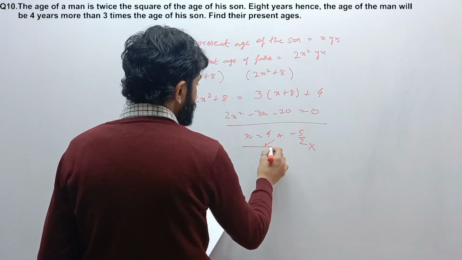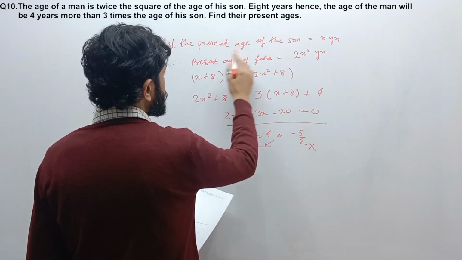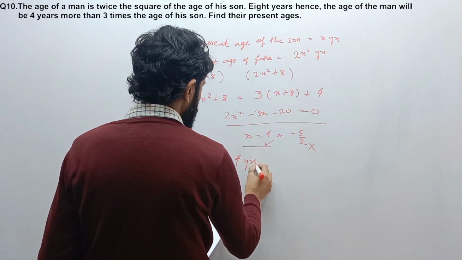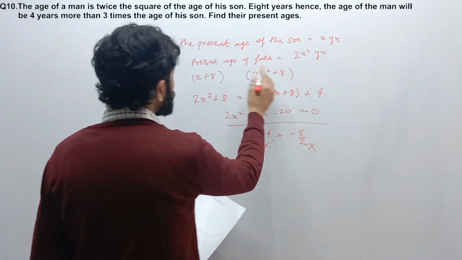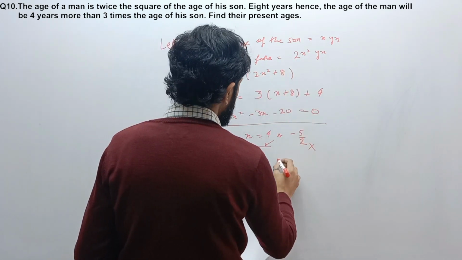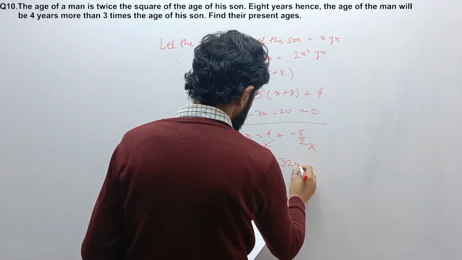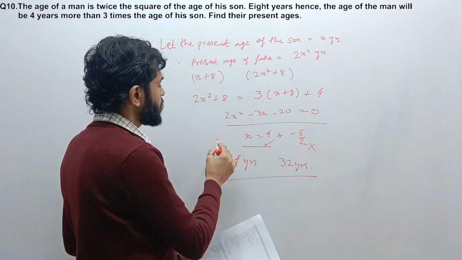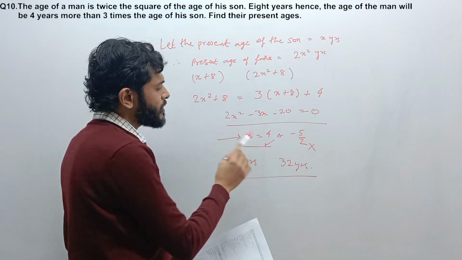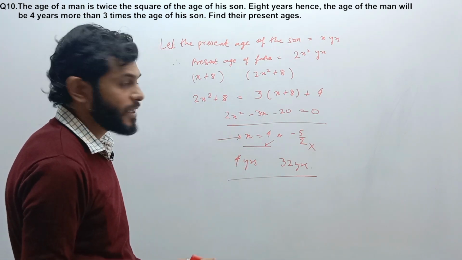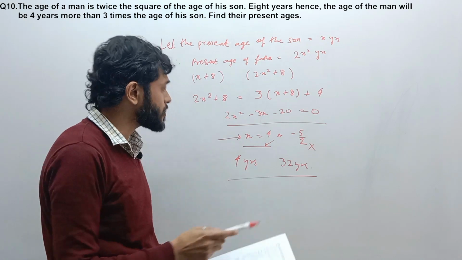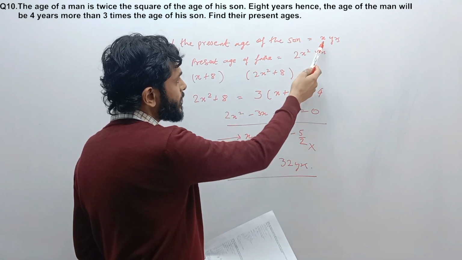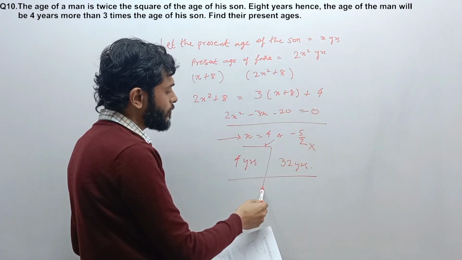Hence, x was the present age of the son, so the present age of the son would be 4 years and the present age of the father would be 32 years. It is important to note here that many students leave their answer at this step, but it would be incorrect, as you have to find the present ages of both the son and the father. So you have to further put the value in x and 2x square to find the present age of son and father.